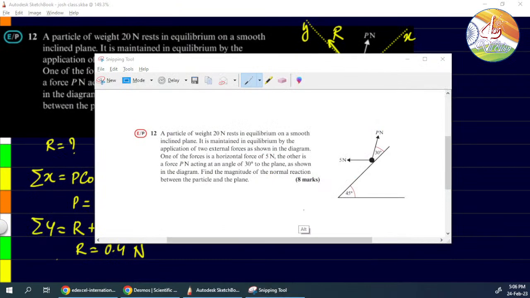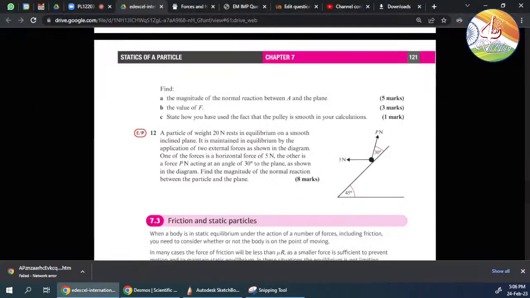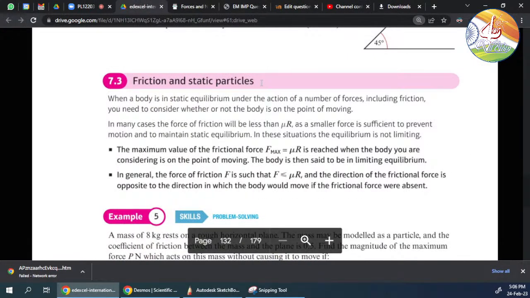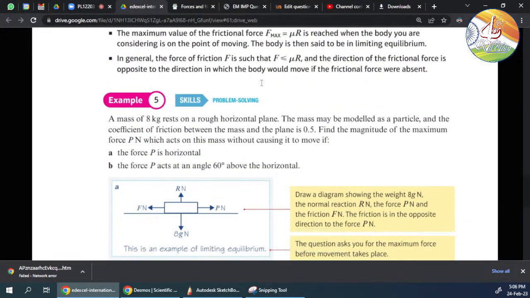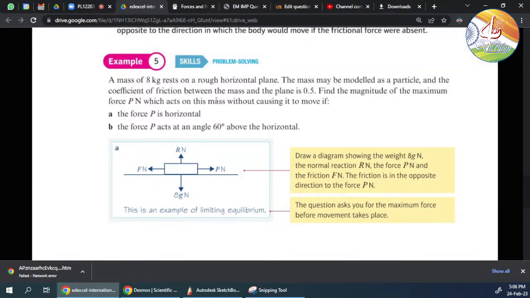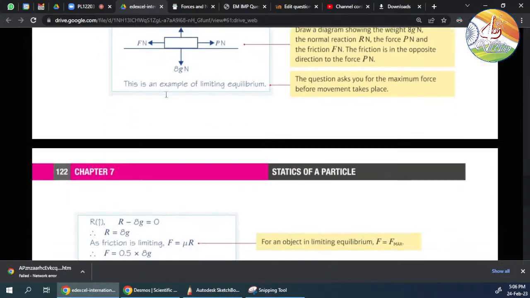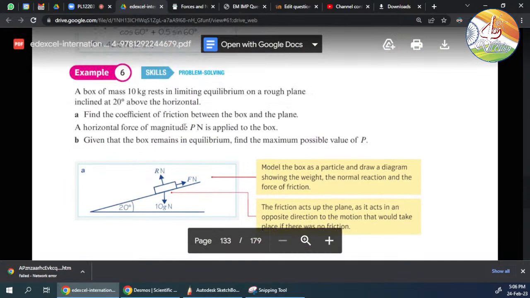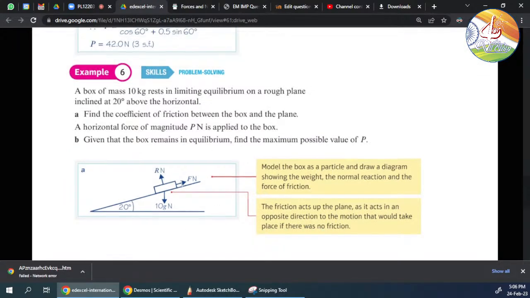Okay, let's go back and check what's the next question. Then we have friction and static particles. So law of friction I have explained to you last class. So we need to go ahead and use the law of friction to find this. We had done this, isn't it?